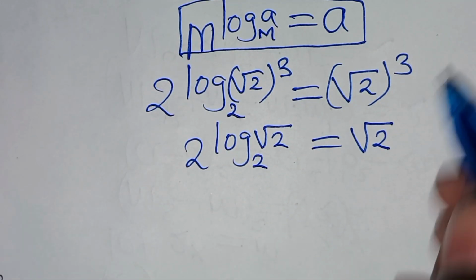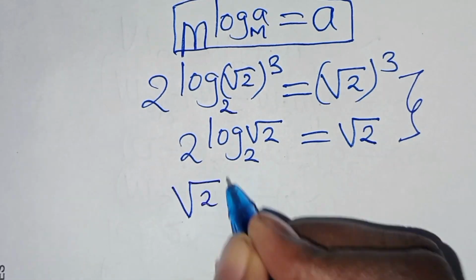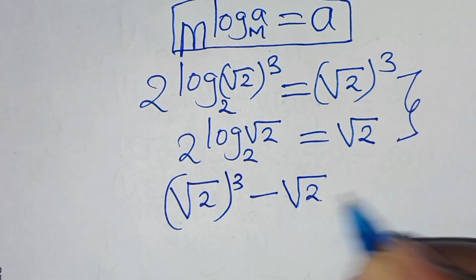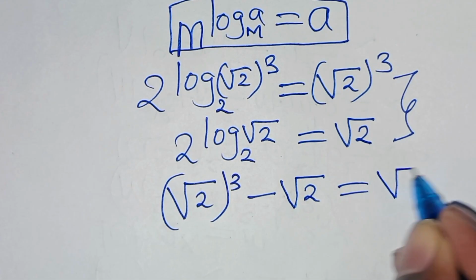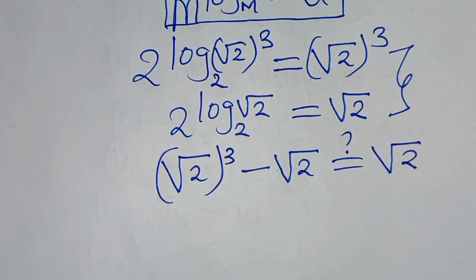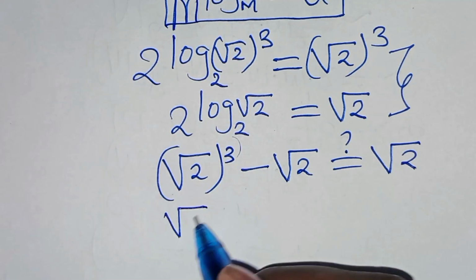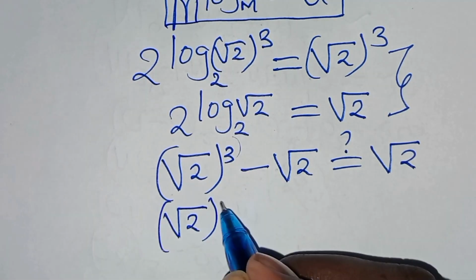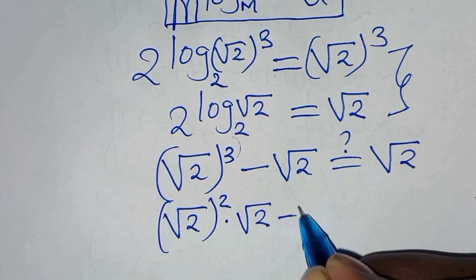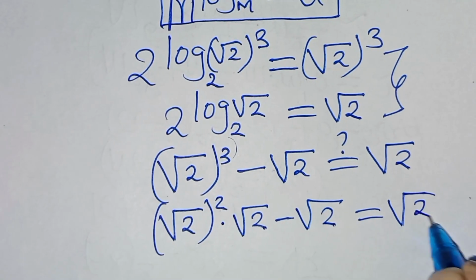So substituting this information here, we'll have square root of 2 raised to power 3, subtract square root of 2. This should give us a value of square root of 2. Now, square root of 2 to power 3 can be expressed as square root of 2 raised to power 2 times square root of 2 here. Then subtract square root of 2.